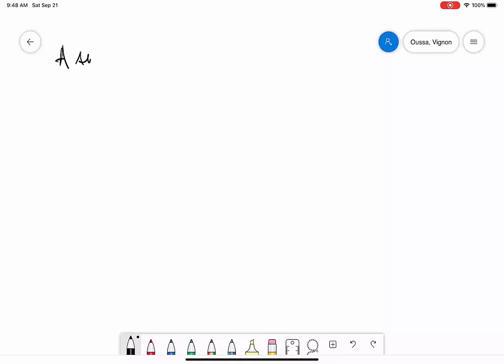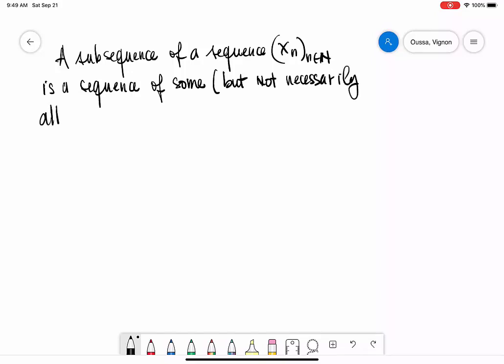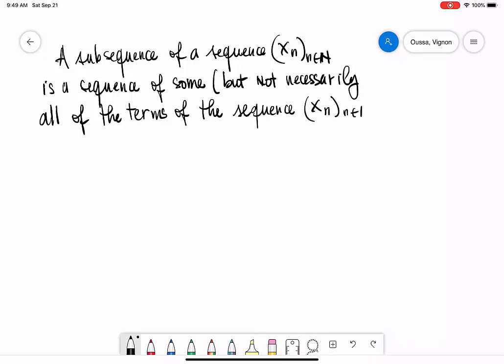Basically, a subsequence of a sequence x_n is a sequence of some, but not necessarily all, of the terms of the sequence x_n.